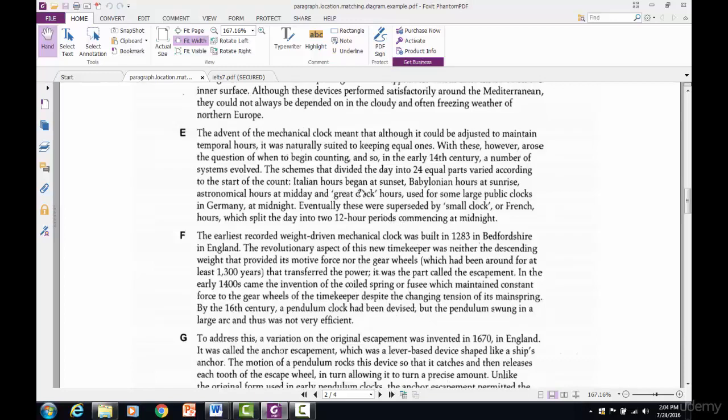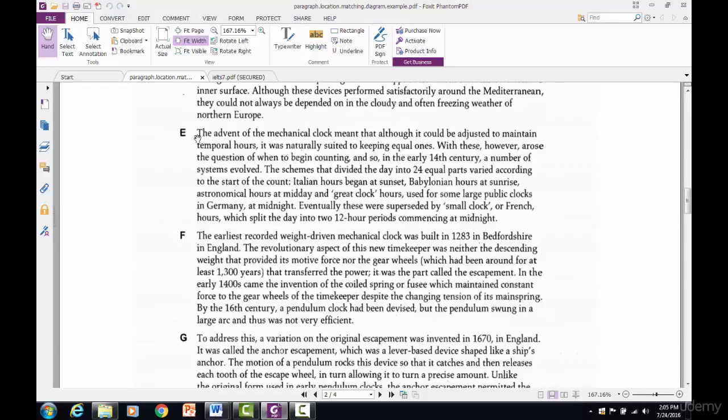Also, what's helpful, this is really important if everyone wants to listen. What's also helpful for a paragraph location question is a lot of times you can look at the topic sentences, the first sentence of a paragraph, and that can give you a good idea if it matches also. Like here when we look at the topic sentence of paragraph E, it says the advent of the mechanical clock meant that although it could be adjusted to maintain temporal hours, it was naturally suited to keeping equal ones.